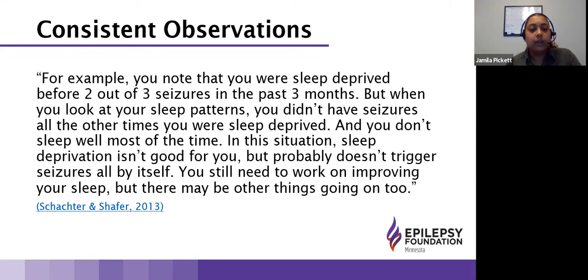But when you look at your sleep patterns, you didn't have seizures all the other times you were sleep deprived, and you don't sleep well most of the time. In this situation, sleep deprivation isn't good for you, but probably doesn't trigger seizures all by itself. You still need to work on improving your sleep, but there may be other things going on too.